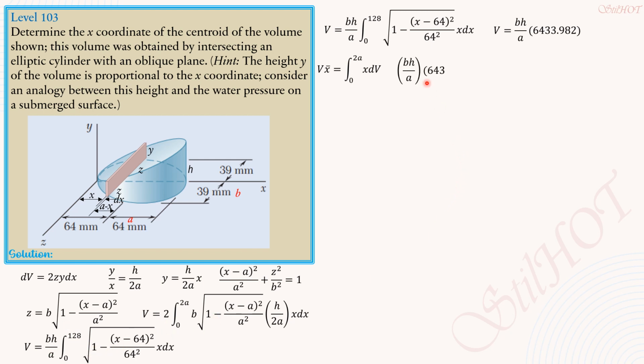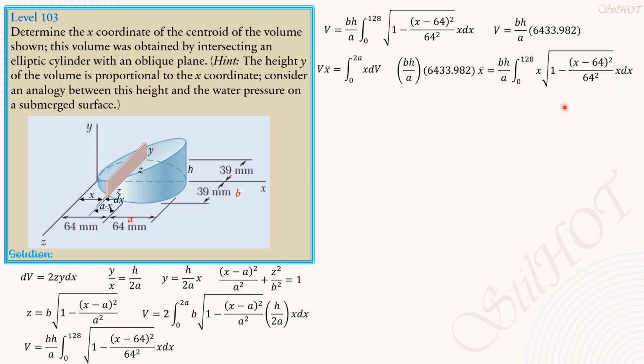So bh over a times 6433.982 times x-bar equals bh over a integral 0 to 128 of x square root of 1 minus quantity (x minus 64) squared over 64 squared times x dx.